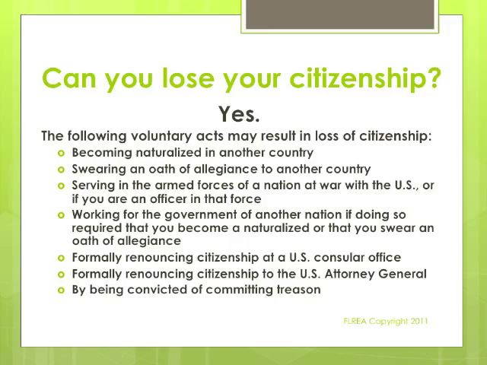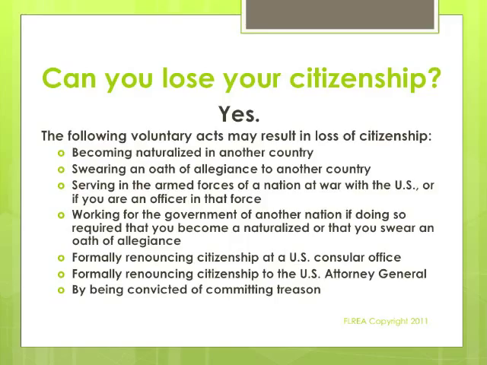Number 3, serving in the armed forces of a nation at war with the United States, or if you are an officer in that force. Another is working for the government of another nation, if doing so required that you become a naturalized or that you swear an oath of allegiance.